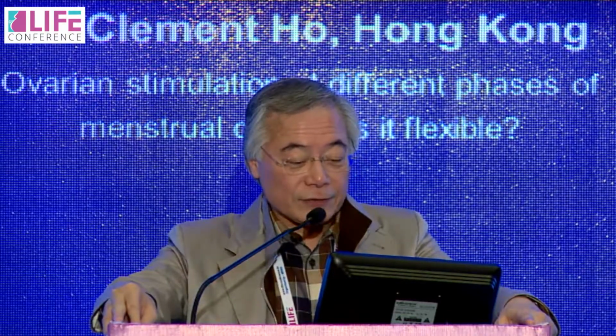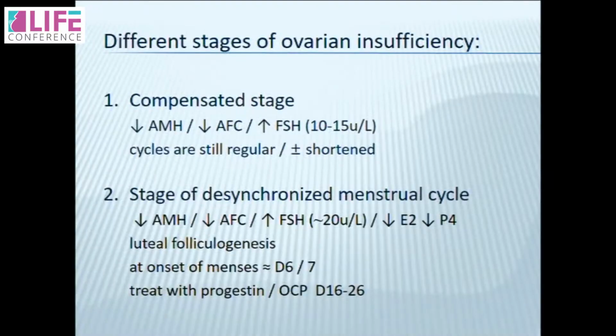And then at the onset of the menses, it may be almost equivalent to day 6, 7 of the menstrual cycle, that the follicle gets to be 10 mm or more. So for this one, we have to treat with progestins or OCPs in the second half of the cycle, day 16 to 26, in order to suppress this.